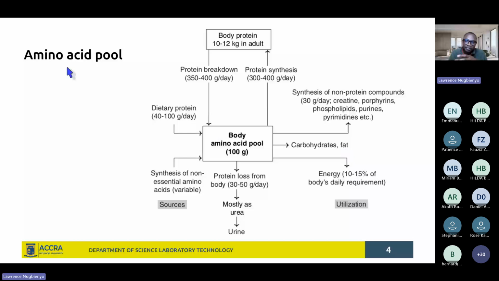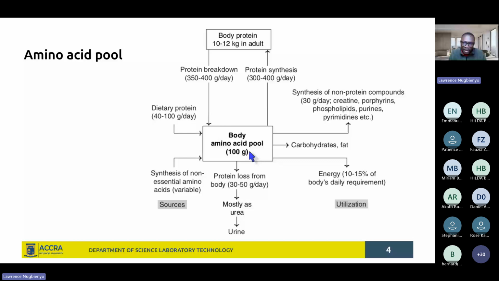It isn't that there's a compartment in the body where you have amino acids. No, these amino acids can be found anywhere in the body at any time. But we are referring collectively to all the amino acids in the body at any point in time as the amino acid pool. That's estimated to be about 100 grams in an adult.